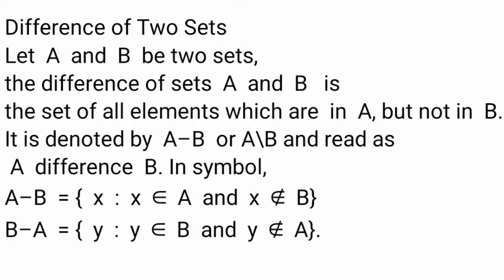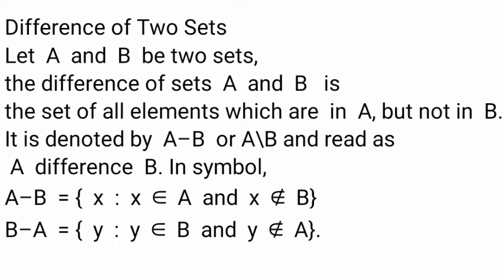The difference of sets A and B is the set of all elements which are in A but not in B. So A minus B is the elements which are in A but not in B. It's denoted by A minus B or A difference B, and read as A difference B. In symbols, A minus B equals the set of x such that x belongs to A and x does not belong to B.